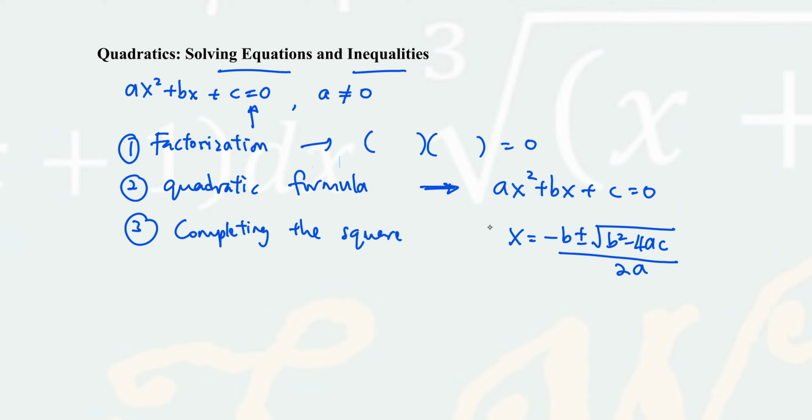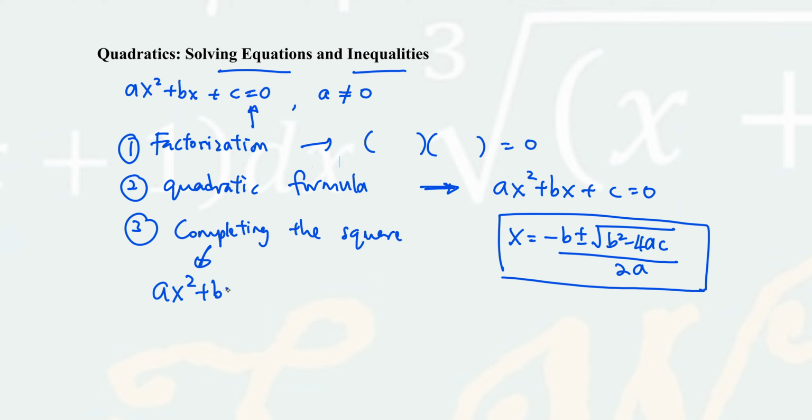Okay, so this is the formula from the second method, whereby the third method is using completing the square. Generally for the completing the square method, it is ax squared plus bx plus c equals to 0.